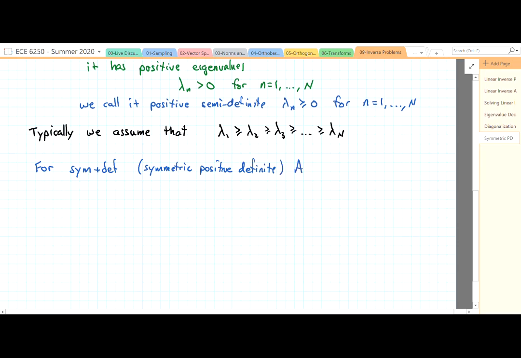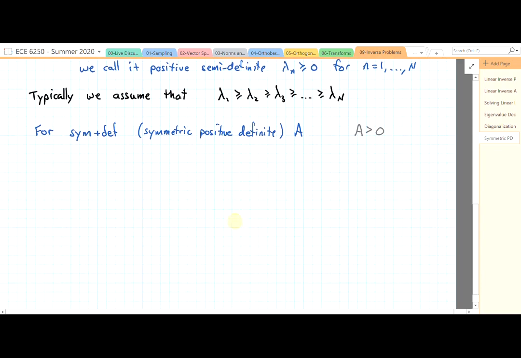By the way, another way of saying that a matrix is positive definite is to say it's greater than 0. It's just a shorthand. This does not mean that each of the elements is greater than 0. It means that the matrix itself is positive definite. It doesn't say anything about the symmetry of it, so we're going to generally just mention symmetric positive definite matrices.